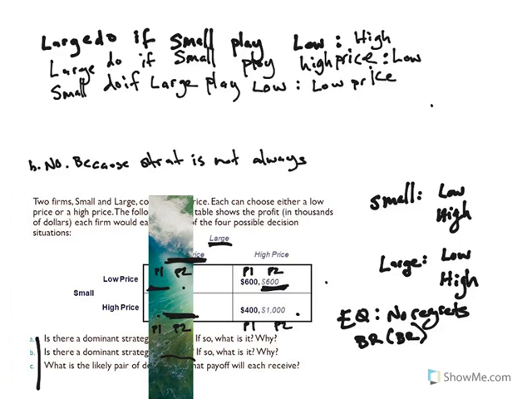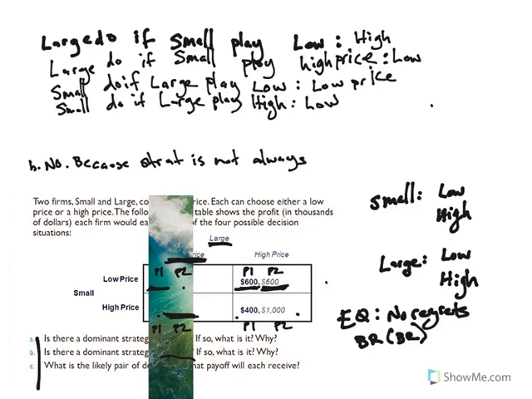Now, what should small do if they knew that large was going to play the strategy high price? Well, either they choose a high price and they have a profit of 400, or a low price and a profit of 600. So they're going to choose 600. So they play the strategy low price.